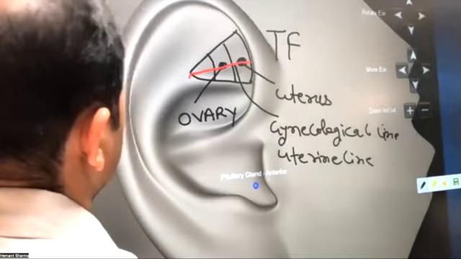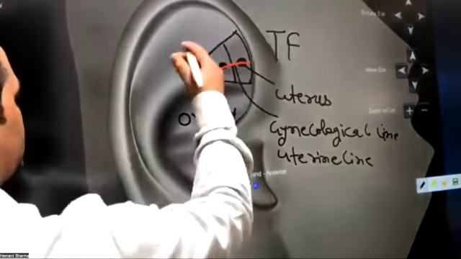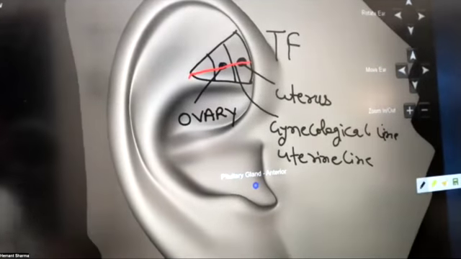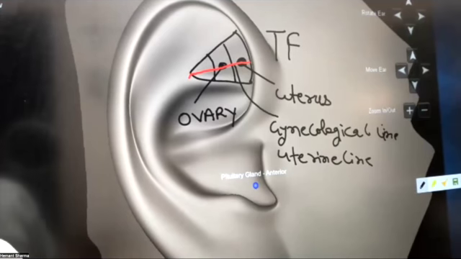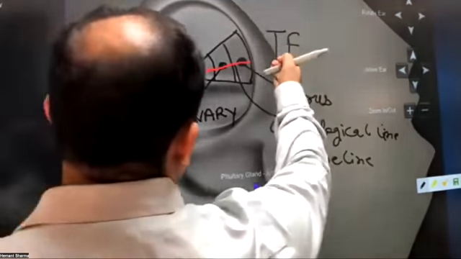In this line we have ovary and in this line we have uterus. इसी लाइन में हमारा ओवरी है और यूटरस भी है. ओवरी बीच में है और यूटरस लास्ट में है.